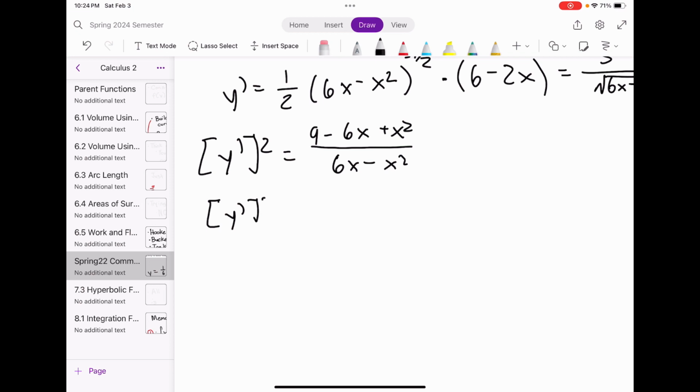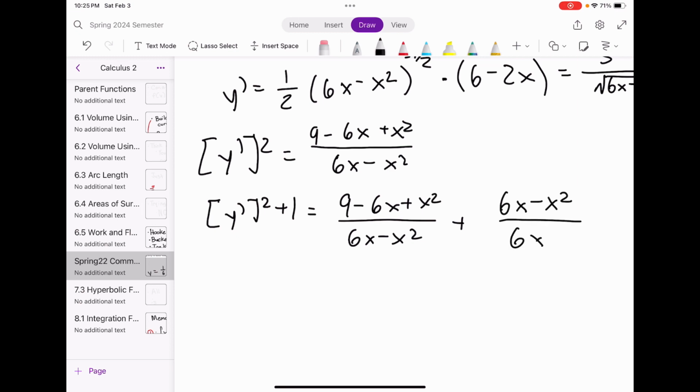Y prime squared plus 1 is equal to, so I'm going to rewrite this real quick. 6x minus x squared. And instead of writing 1, I'm going to use this bottom part right here again, and write it over itself. So that way I can add them together.